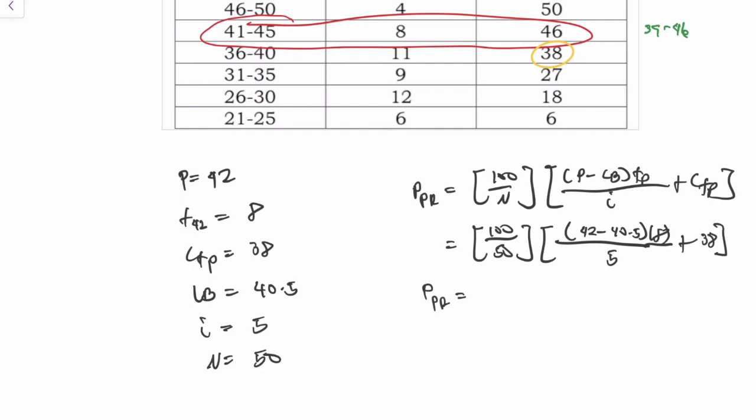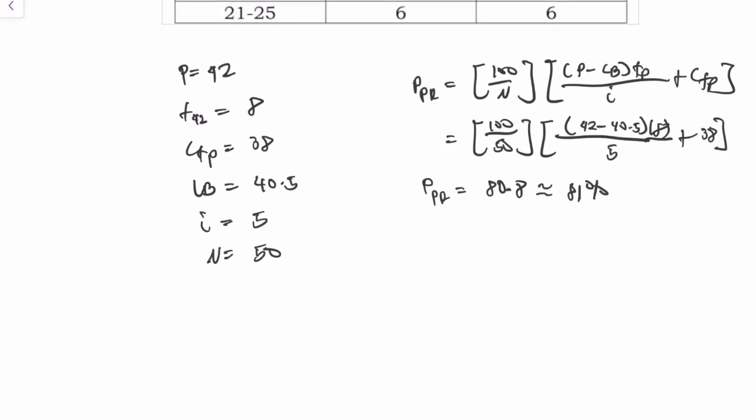So we have 100 over 50 times 42 minus 40.5 times 8 all over 5, plus 38. So we have 80.8, rounded to 81%.